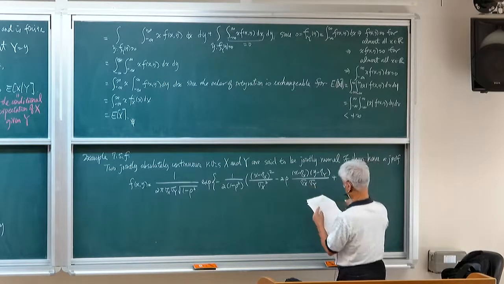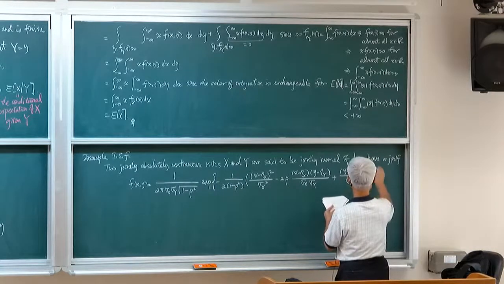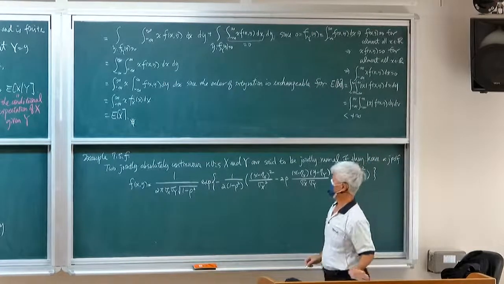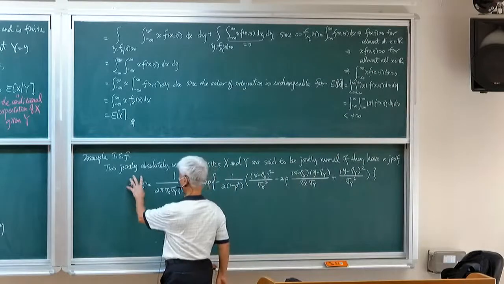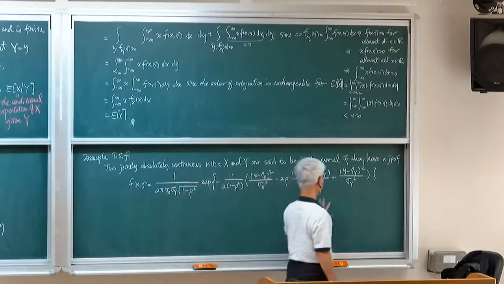Okay, it's good. So the joint PDF is an exponential function.